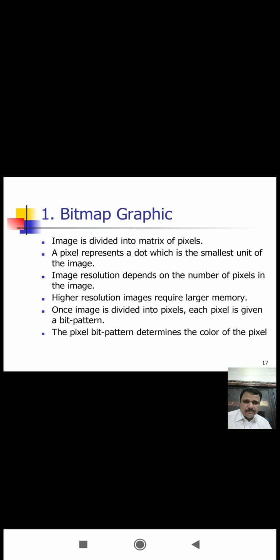Obviously, images can be represented by different colors. It is nothing but a combination of colors. So the smallest unit is the pixel, and every pixel will be represented by a code. The code will be the color. So obviously there will be different codes for all colors. We will see how all these colors can be formed and how they can be represented by these pixels. Let us see.